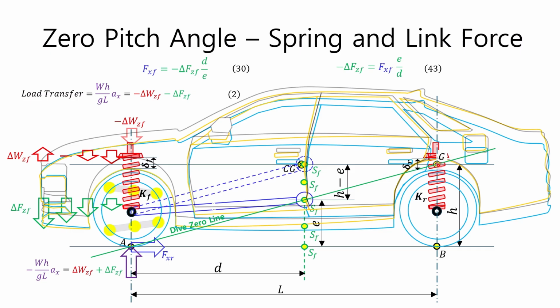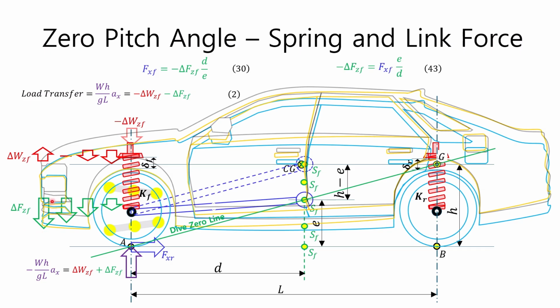To make the pitch angle zero, the front ride height must be increased to the level of the rear, raising it to the level indicated by the grey line. To raise the front ride height to the rear level, the virtual reaction point, SF, must be raised. Raising the virtual reaction point, SF, increases the amount of dynamic load transferred vertically downward through the front suspension links, delta FZF.